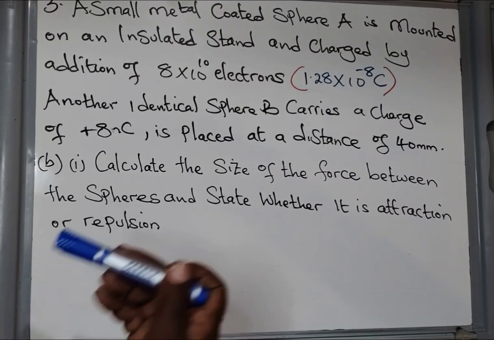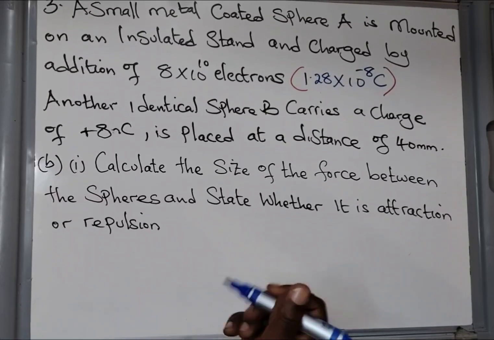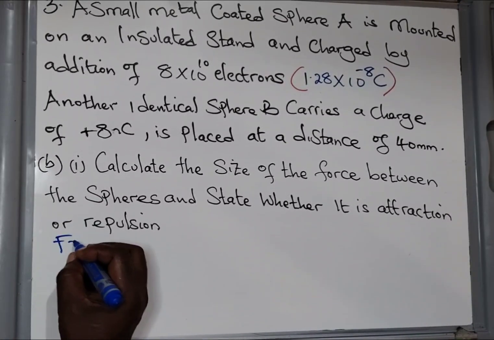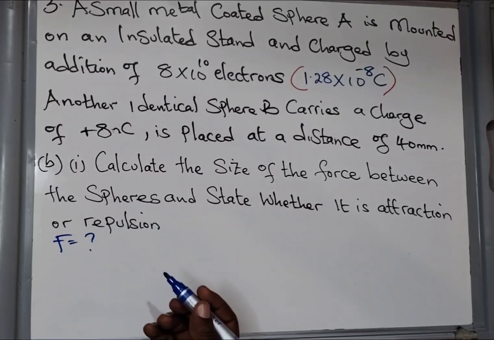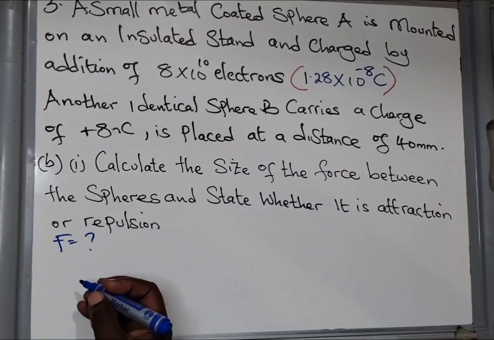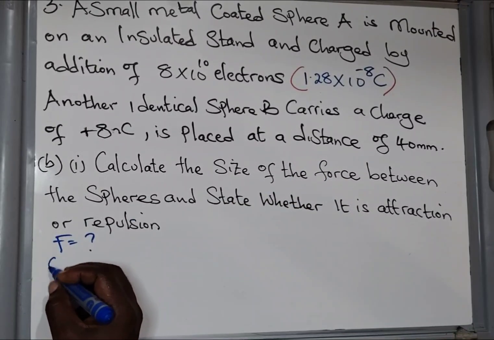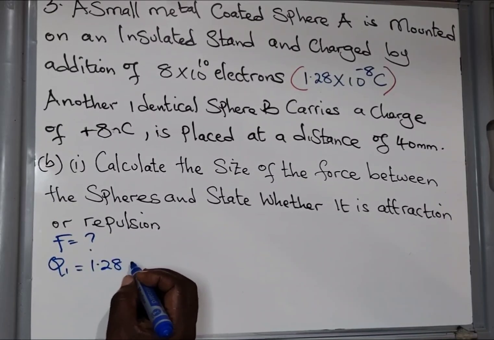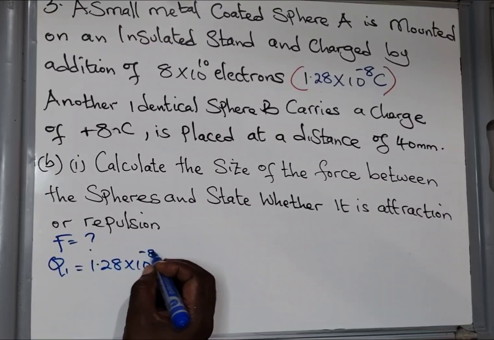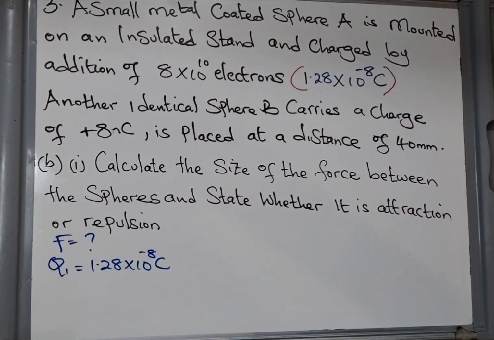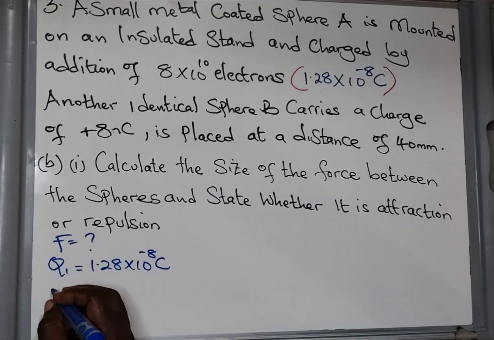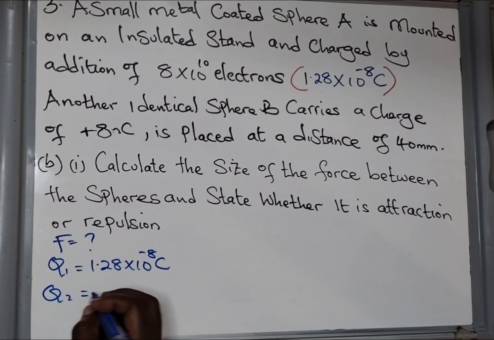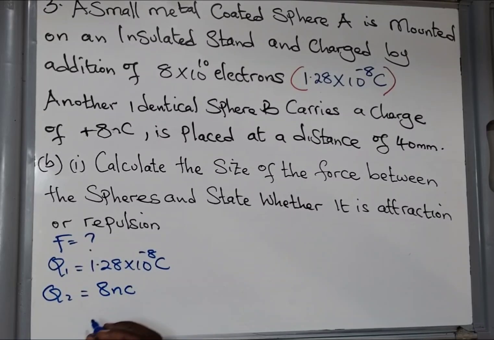Okay. So when you look at this scenario, we are looking for the force. We know the charge on A is 1.28 times 10 power minus 8 Coulomb. Then the charge on B, which is Q2, is 8 nanocoulomb.